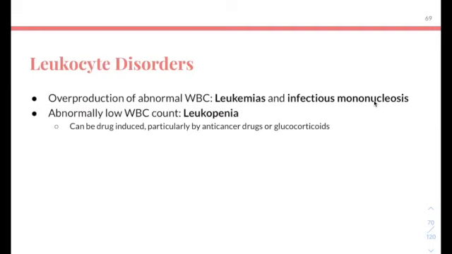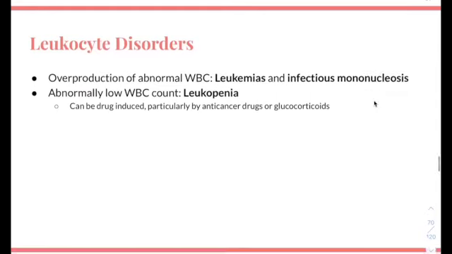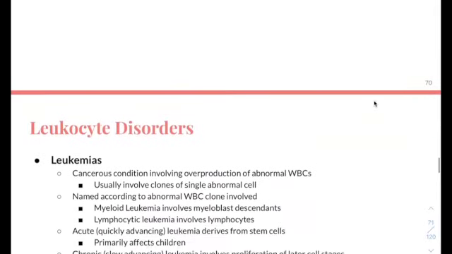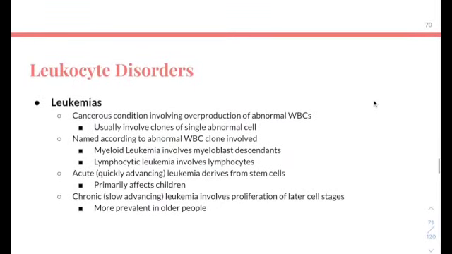It can be drug induced. It's usually cancer drugs that cause that. Glucocorticoids can too, but it's more commonly seen in cancer patients. So leukemias are a type of cancer where we have the overproduction of abnormal white blood cells.